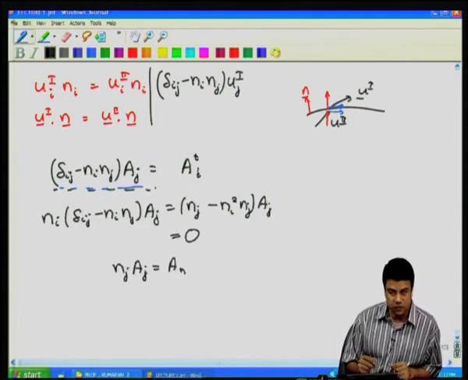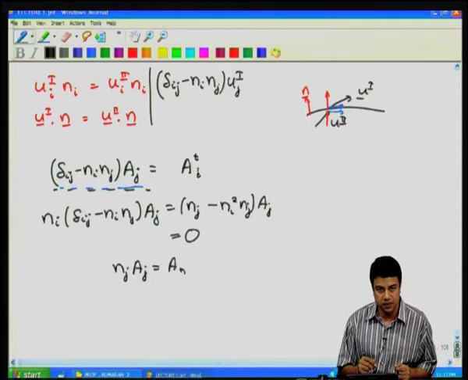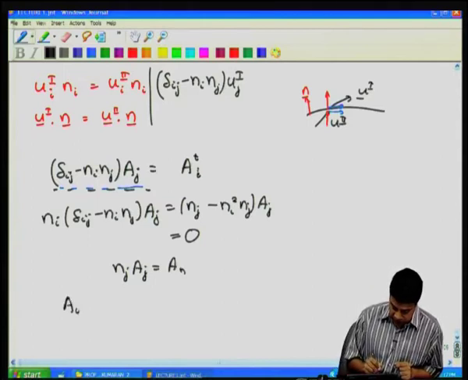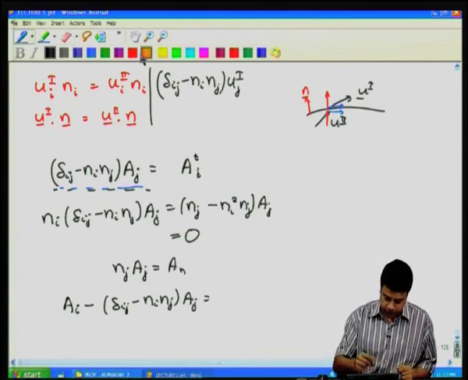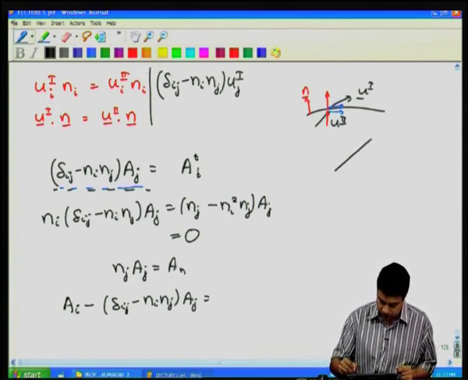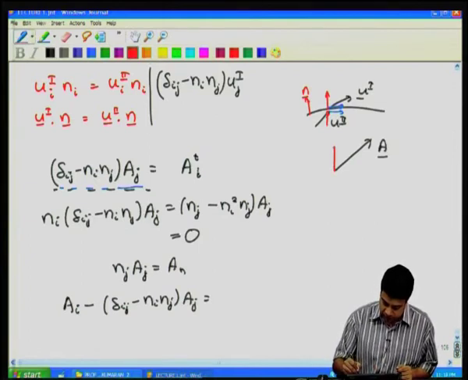When I subtract this one from the original vector, I will get A_i minus (δ_ij minus n_i n_j) A_j. So, I have my original vector A, and this is a unit normal.